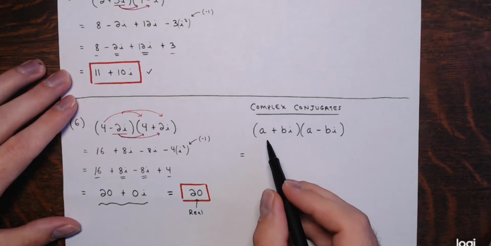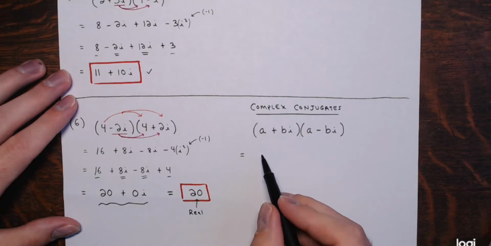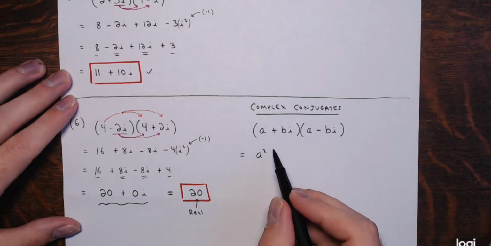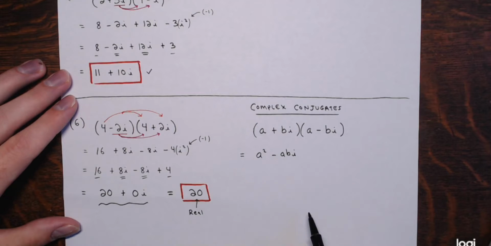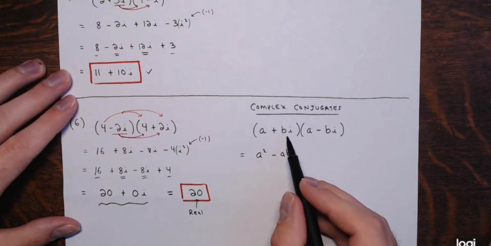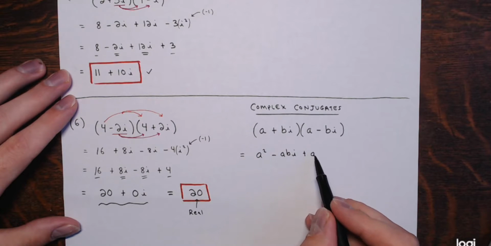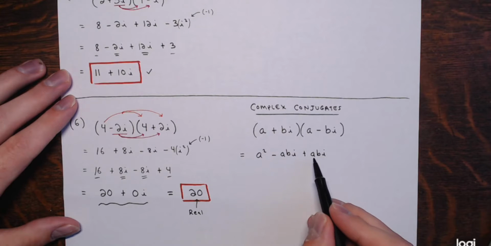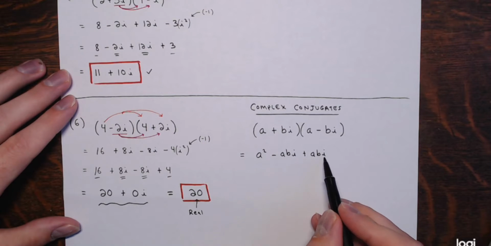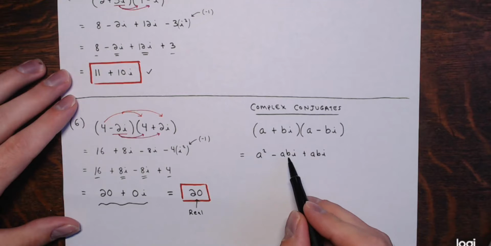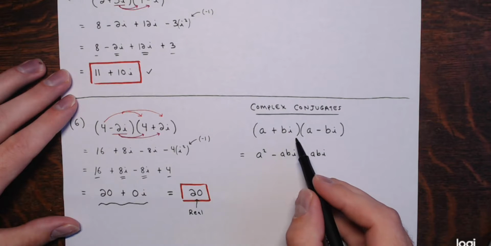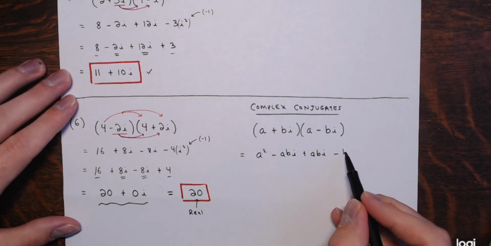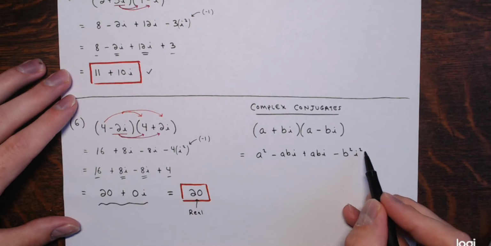And look what happens, right? If I distribute the a, we'd have a squared, and then minus a times b times i. And then I would distribute the bi, we'd have then plus a times b times i, and look at that. These imaginary terms will go away, right? Negative abi plus abi, that'll make 0i. And then we have bi times negative bi, negative b squared i squared.